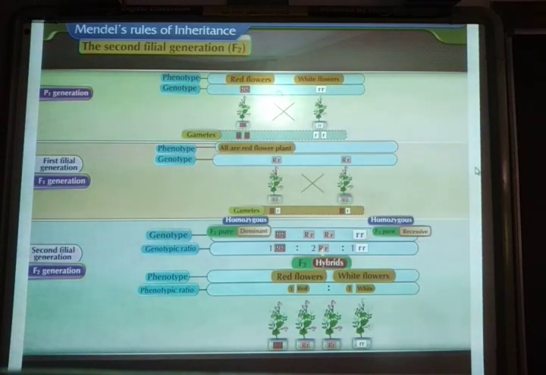The F2 hybrids are, however, heterozygous, showing the presence of two different types of alleles in the zygote after fertilization.